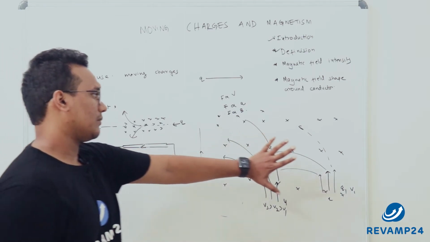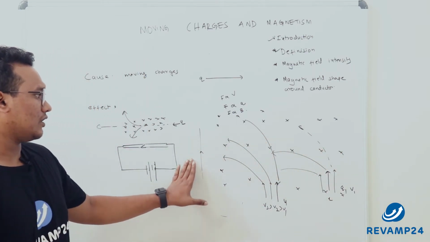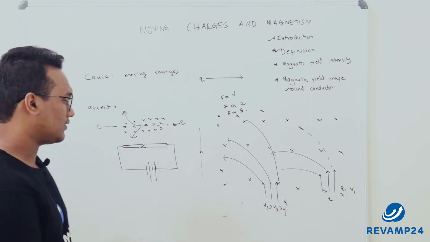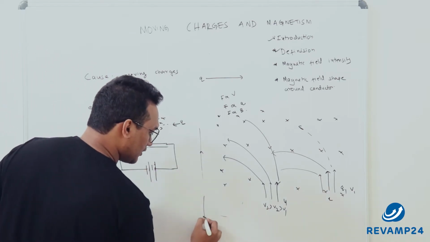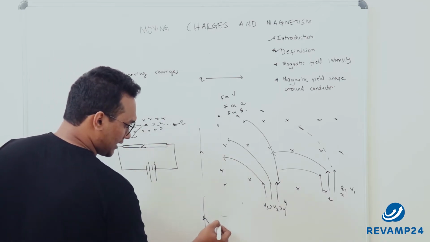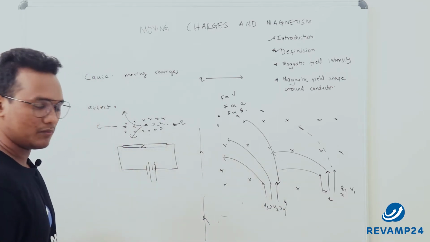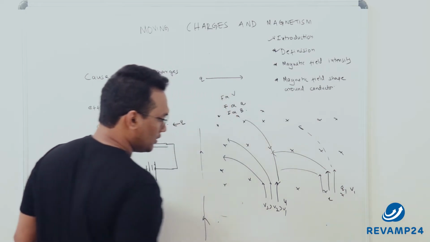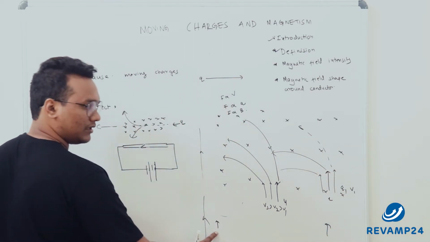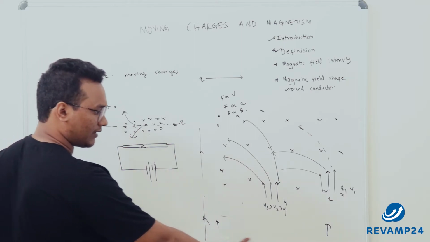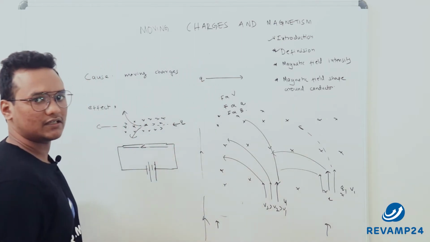So these are the experiments I have done. First thing is, you can change the value of magnetic field without changing the value of current. All these things we will learn in the coming lectures. Magnetic field very near to the conductor will be more, here it will be less. So you can do the experiment here and here, so that this can be a case where magnetic field is higher, this can be a case where magnetic field is lower.